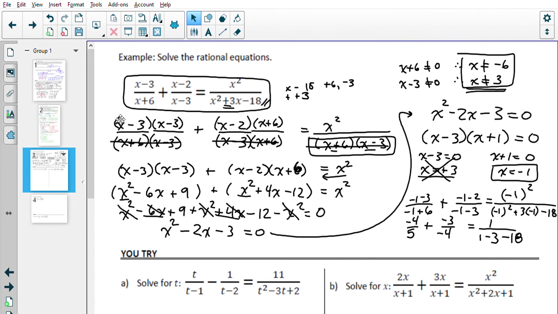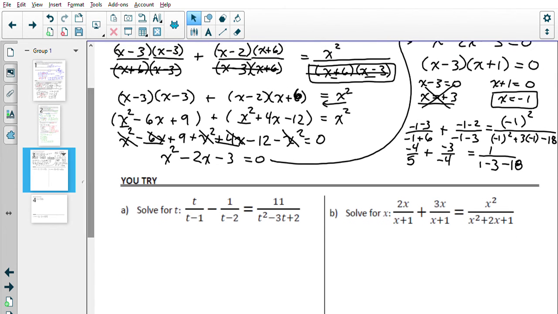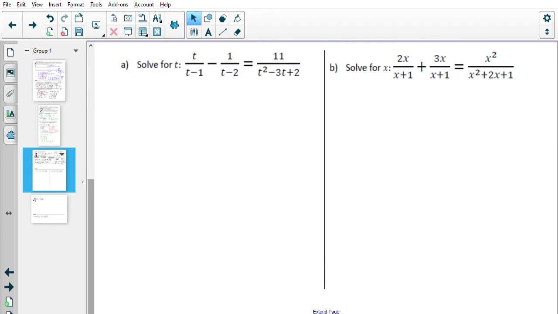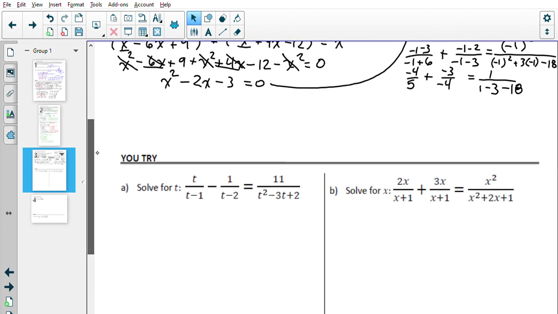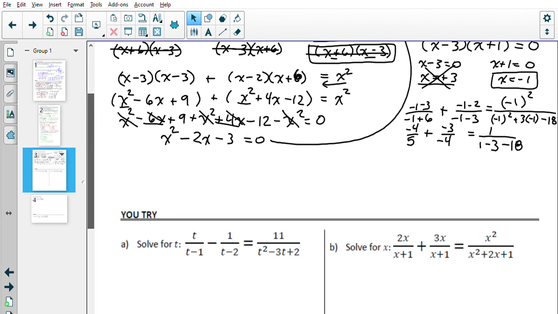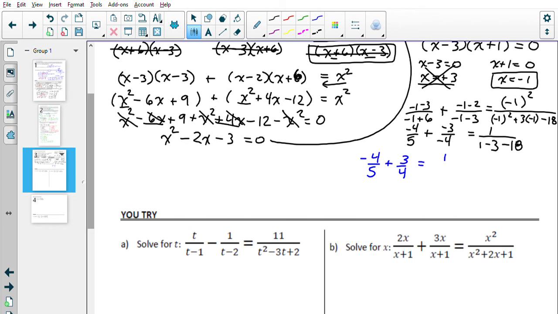So here I've got, I'm going to switch colors, sorry, negative 4/5 plus 3/4, the two negatives cancel, equals 1 over, and here you have 1 minus 3 is minus 2, and negative 18 makes minus 20.